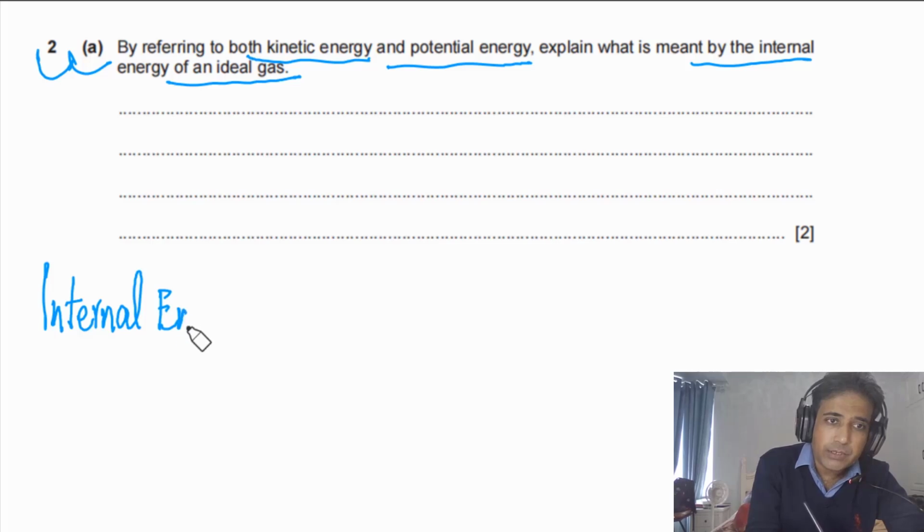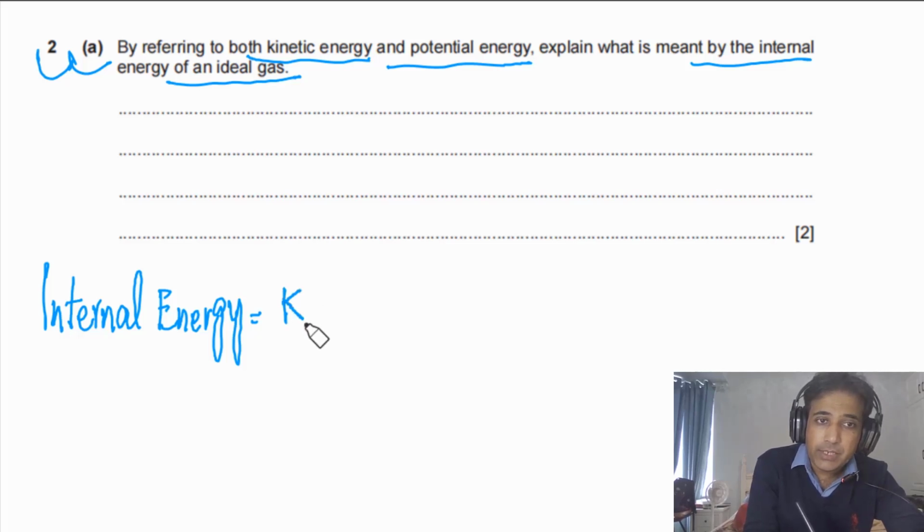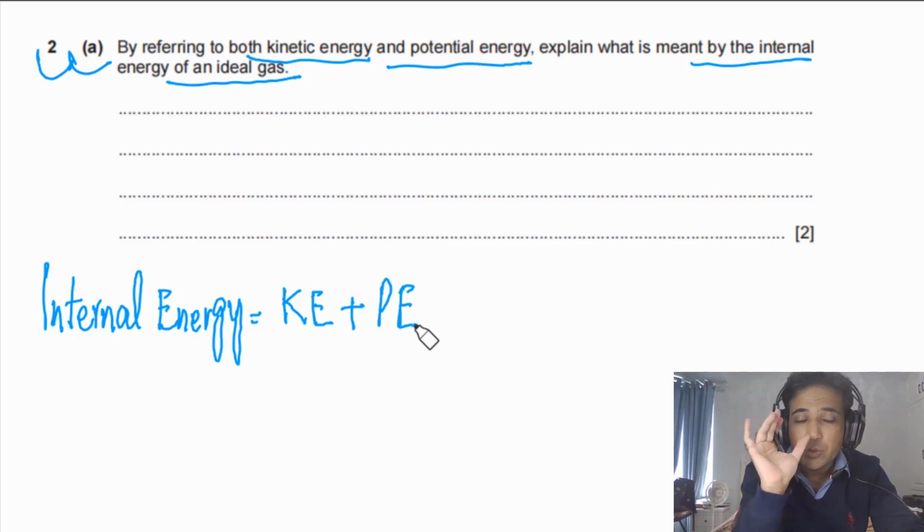Internal energy is the sum of all the random and microscopic kinetic energies and potential energies of all the molecules in a gas. So that is the internal energy of a gas.